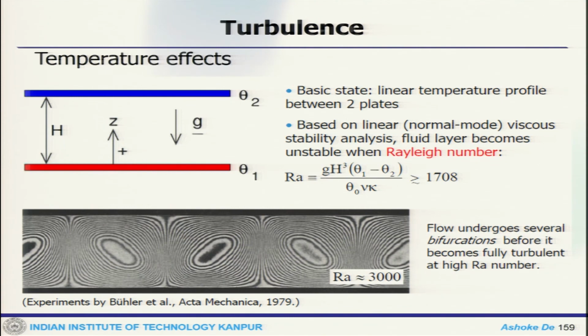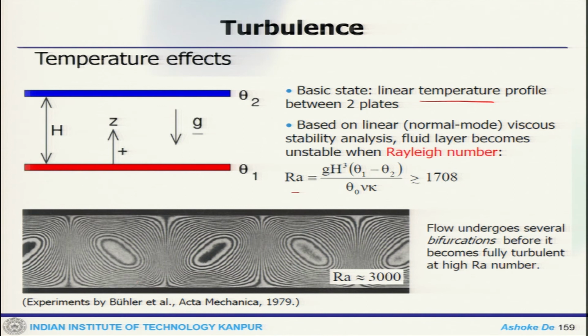Now, how does temperature affect? This is a parallel plate and these are the two different temperatures it has, and you can see how, as a basic state, one can assume the linear temperature profile, and based on linear normal mode stability analysis one can find out the Rayleigh number, and this is the experimentally observed flow pattern.